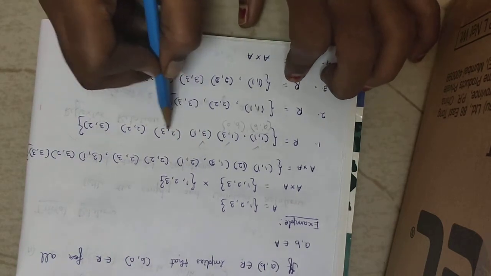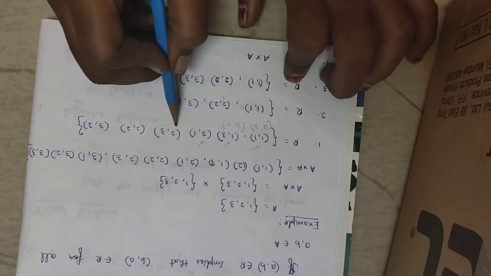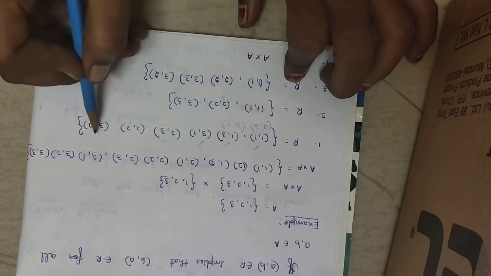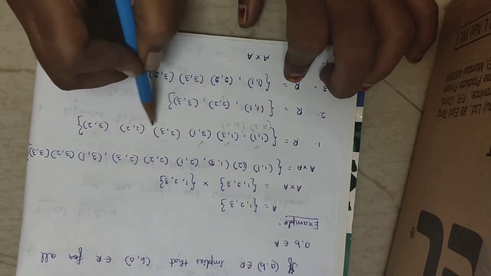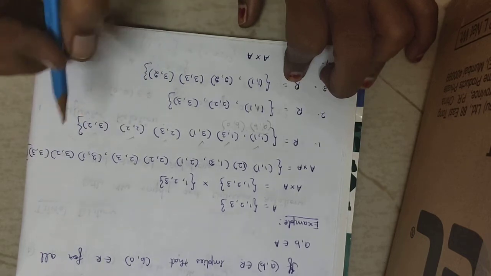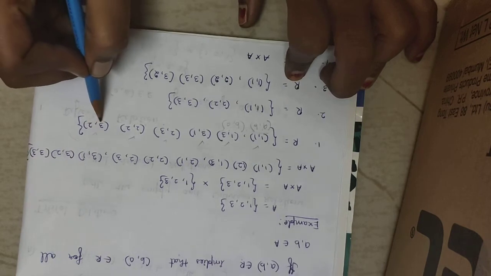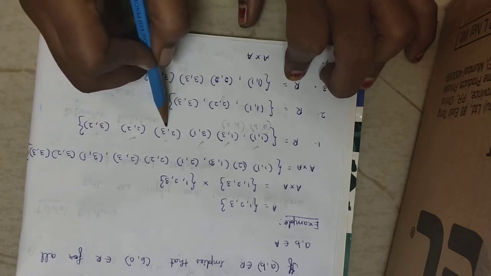Next (2,3). (2,3) means the next should be (3,2). So here it is there, and this also satisfies. Now here it is (2,2). (2,2) means again it is (2,2) only. So this satisfies. Go for the last one. (3,2) means again it will be (2,3), that is there.